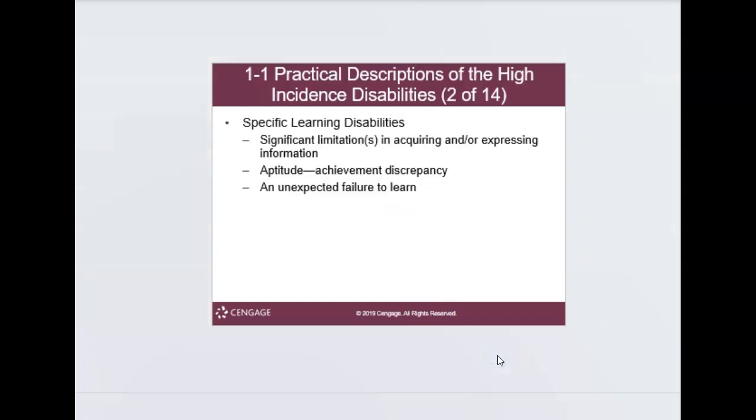Okay, so specific learning disabilities. There's kind of an unexpected underachievement, is how it used to be described. So kind of this unexpected failure to learn. In the past, the main way to identify students with learning disabilities was through the IQ discrepancy model or aptitude achievement discrepancy. Okay, so thinking, well, this student has an average IQ, so you would expect them to perform in the average range, right?